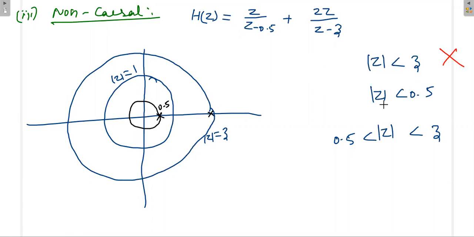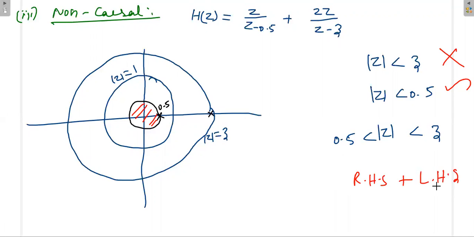Mod z less than 0.5 is possible. Mod z less than 0.5 means we'll be choosing a region like this. Again, this is another critical condition. Whenever we choose mod z greater than 0.5 and less than 3, in this process we are getting one signal with right hand side and another one with left hand side.